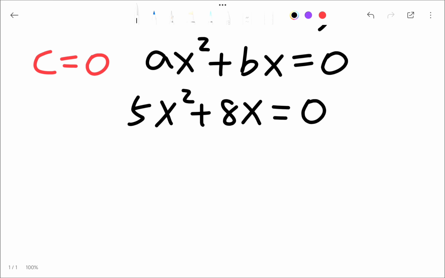So if you have an equation that looks something like this, the first thing that we do is to factorize this, or simplify it if we can. What do I mean by simplify it? It's just taking the common factor out.